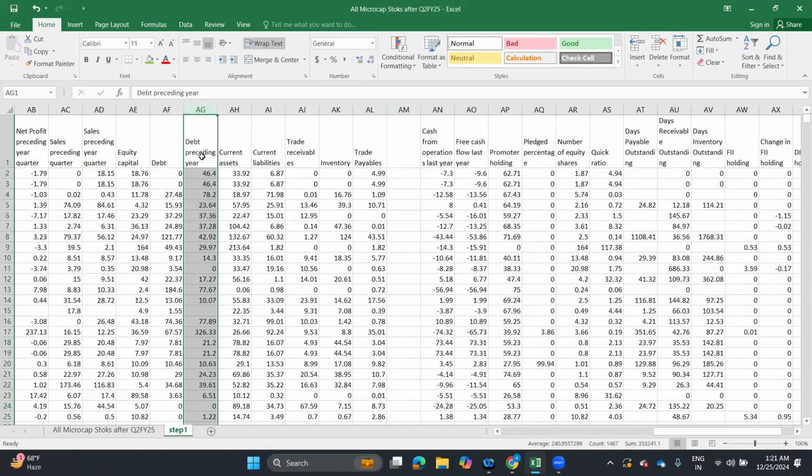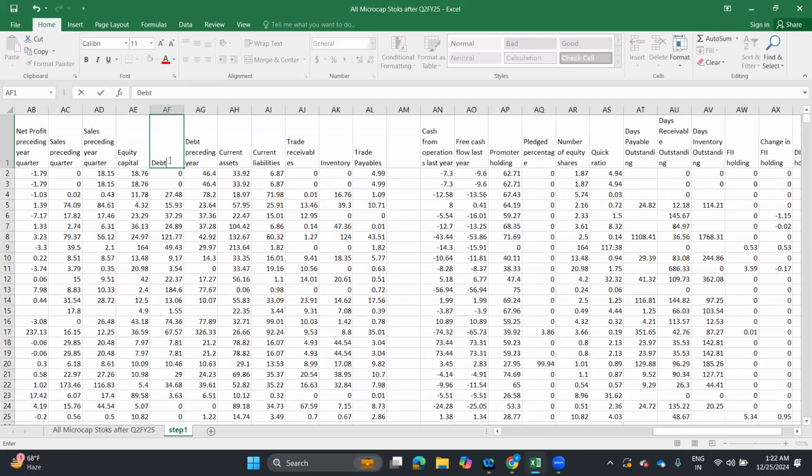This is the previous year's debt. So this is debt FY24. This is debt FY23. So let me again reconfirm once, because this is after Q2 FY25. This is the data I have taken after Q2 FY25.